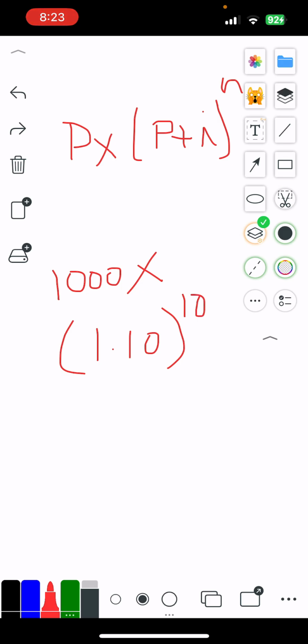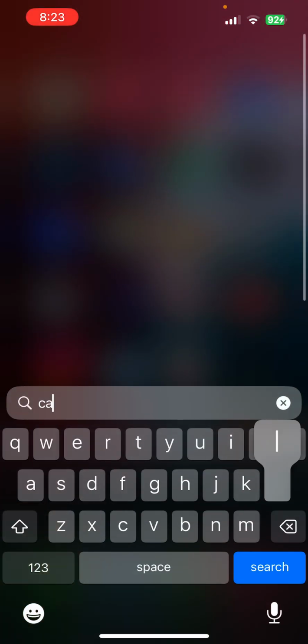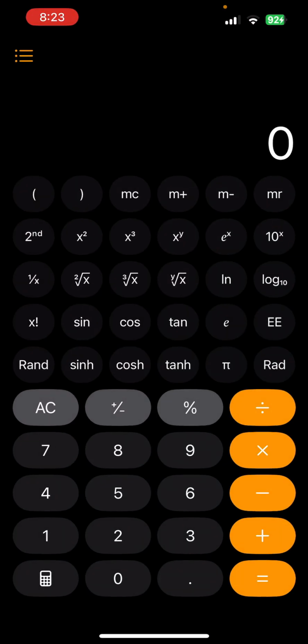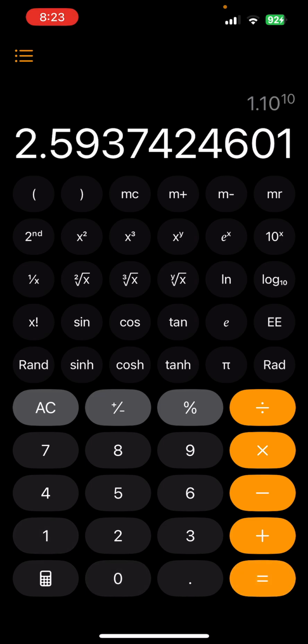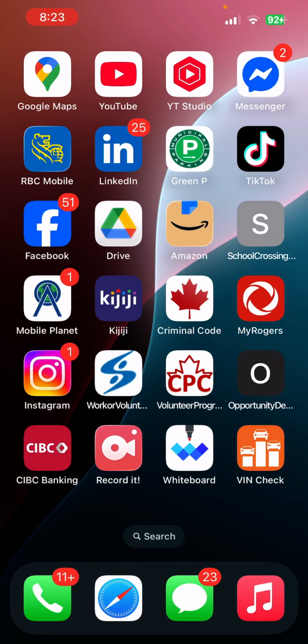Now we can do the calculation starting with BEDMAS, which has to do with exponents. Using our scientific calculator, 1.10 raised to 10 comes to around 2.5937. To 2 sig figs that is 2.59.